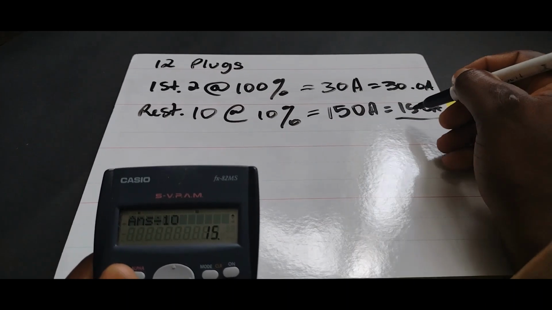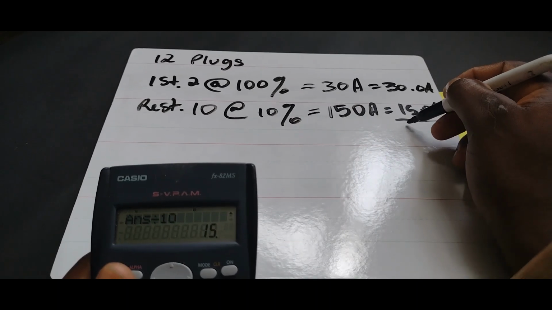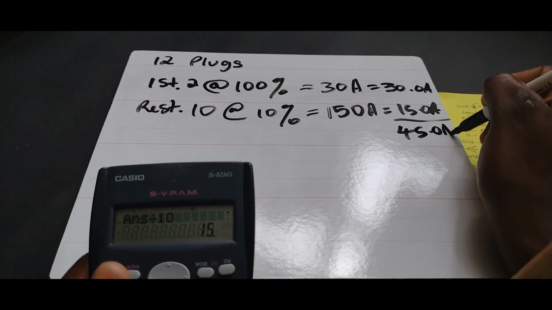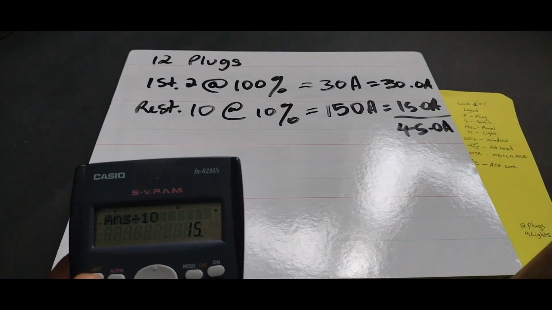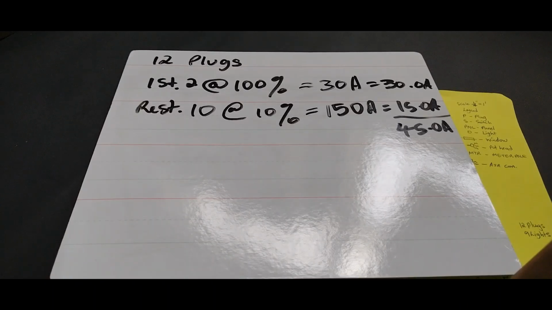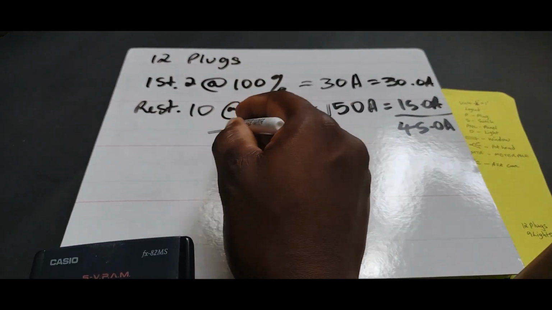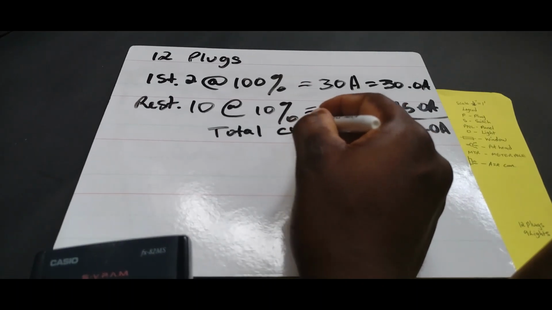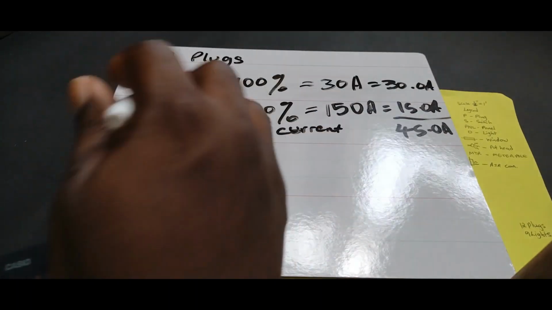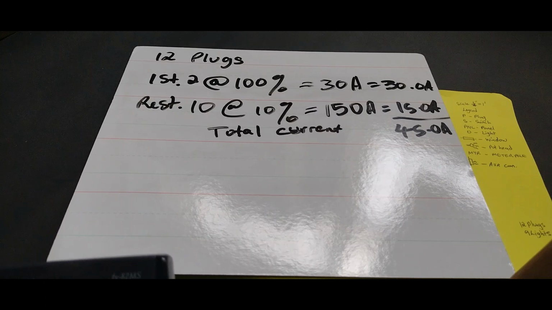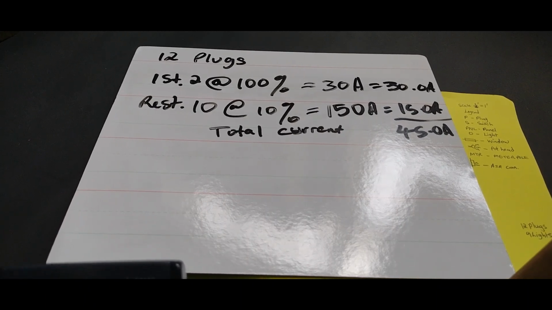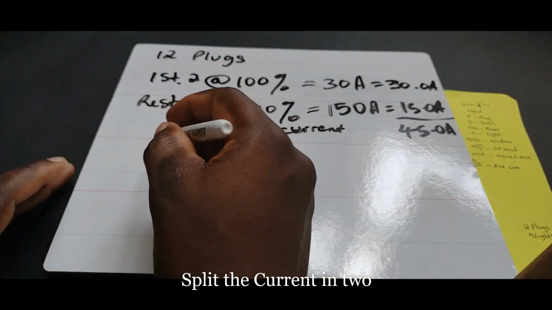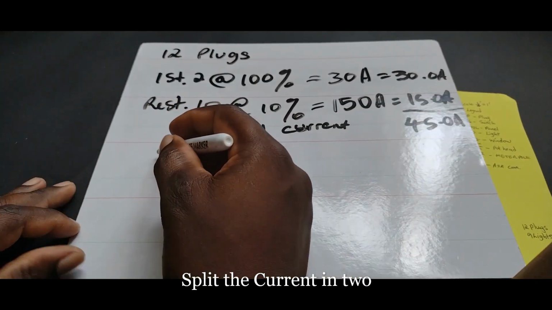Now we add them. It's 45 amps. That's the total current for plugs. Now reminder, for the purpose of sharing up the current among the phases, that is the main lines that are coming in, we have to split the phases.